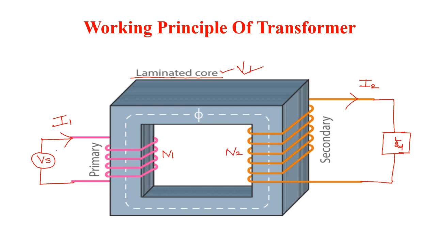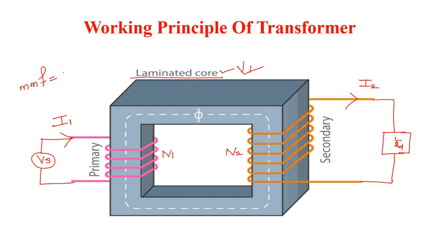Now coming to the working principle, whenever we apply sinusoidal or alternating voltage across the primary winding of a transformer, alternating current I1 will flow through the primary winding. Whenever this alternating current flows through the primary winding, there is a production of MMF. Here MMF means magnetomotive force.